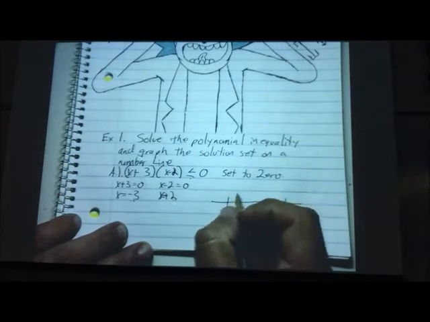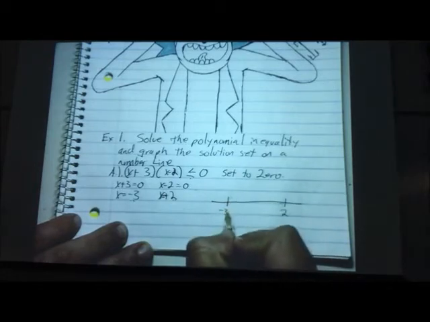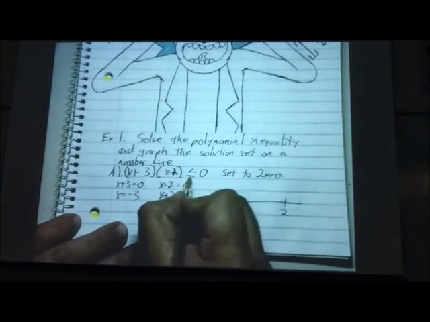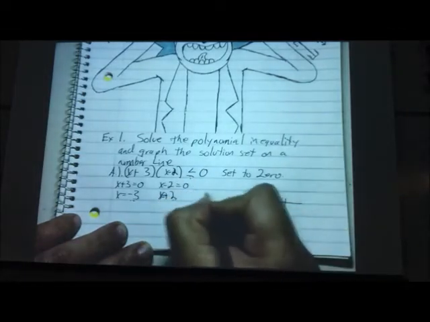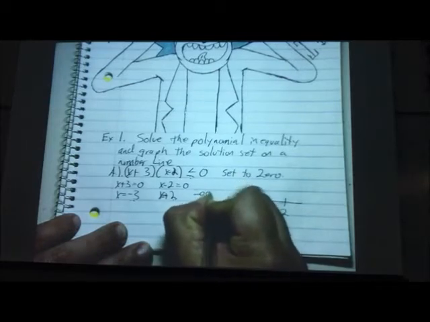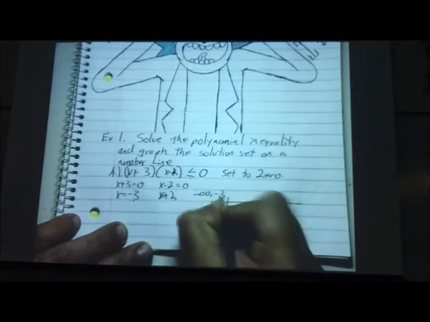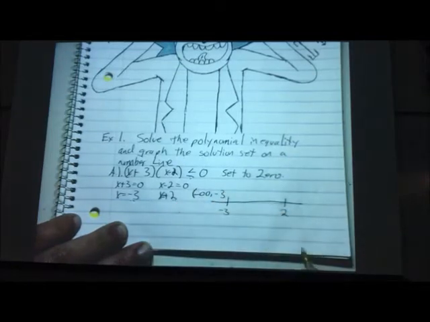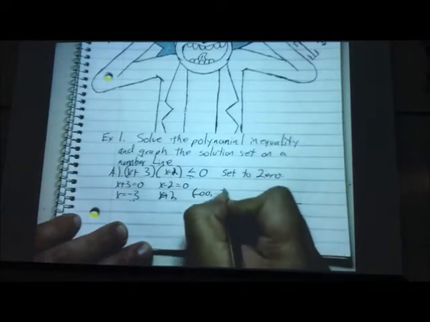Now we need to get our points. We need a point that goes from negative 3 all the way to negative infinity. So here we're using equal to, so we have to use brackets, but remember we don't use it for infinity. So it's negative infinity, comma, negative 3. The negative infinity is going to have a parenthesis because it will always have a parenthesis. And the negative 3 will have a bracket because of the equal to.